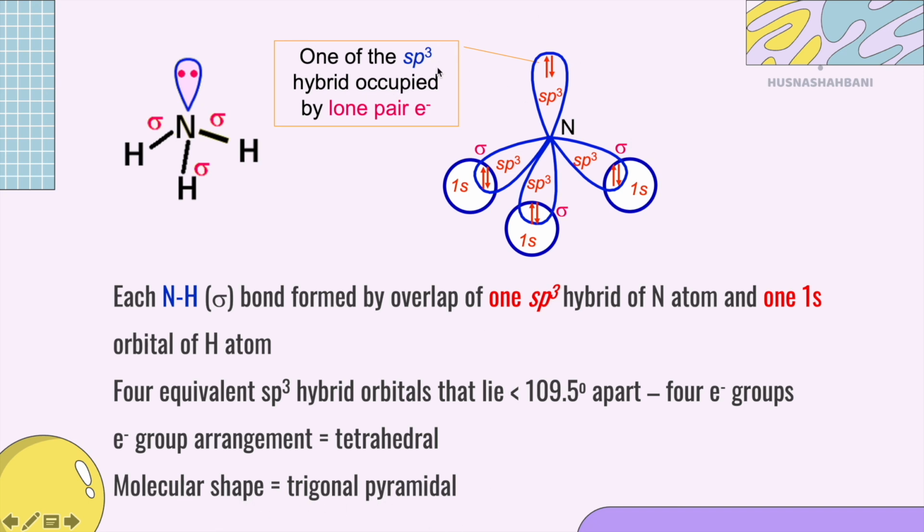Note that there's 1 sp3 hybrid occupied by the lone pair of electrons, so it is not bonded to any atom. Just draw the sp3 hybrid. So for the central atom, N has 4 sp3 hybrid orbitals, leaving 1 not bonded to any atom because this is the lone pair.